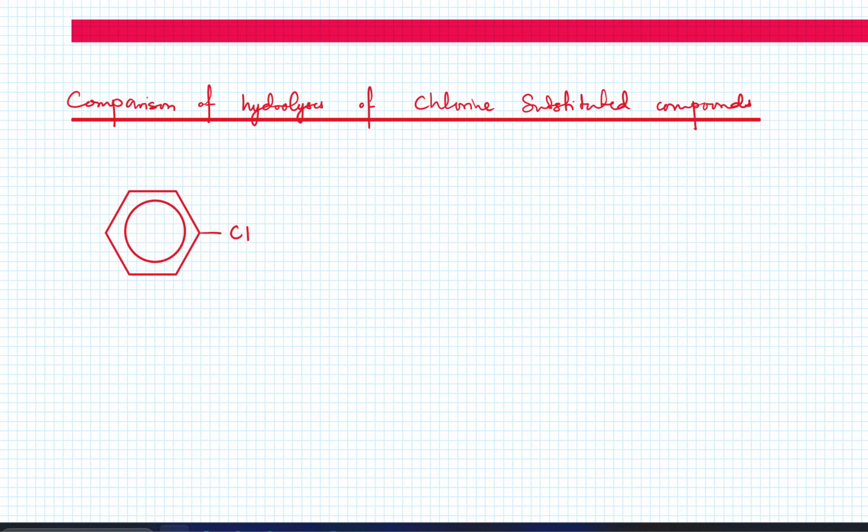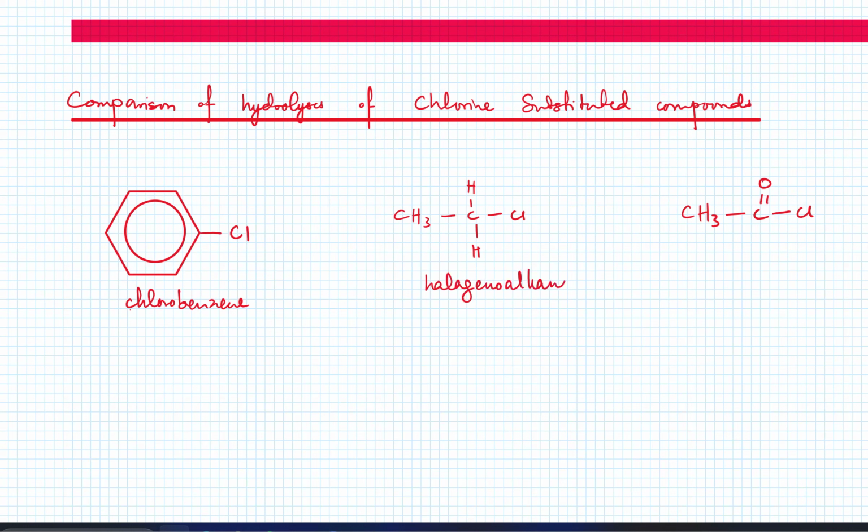And there's going to be halogenoalkane, any type of halogenoalkane, and there's going to be an acyl chloride. ठीक है? So 3 compounds.